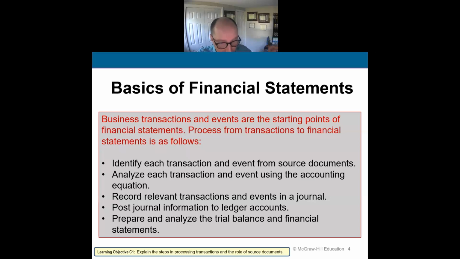A journal entry is the recording of a transaction. That is a journal entry. The journal information, which includes the debit and credit accounts, are recorded onto what we call a ledger, a general ledger.